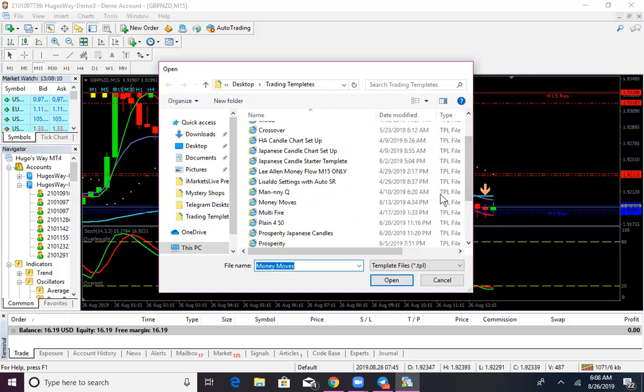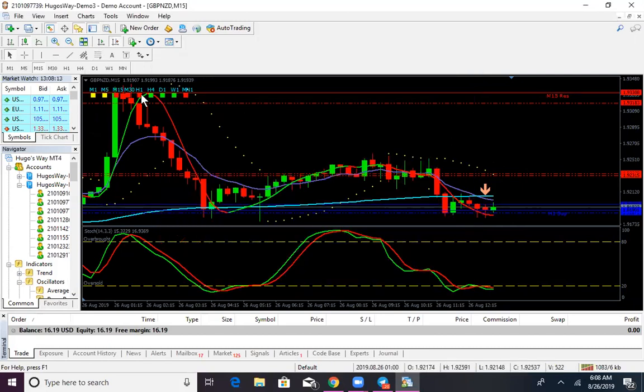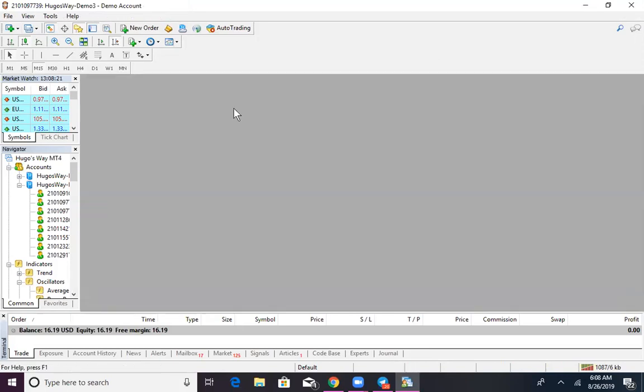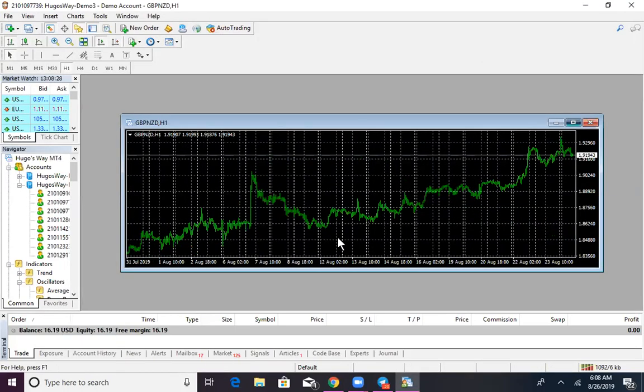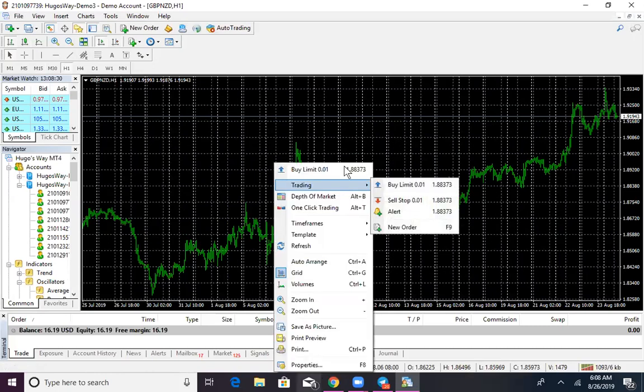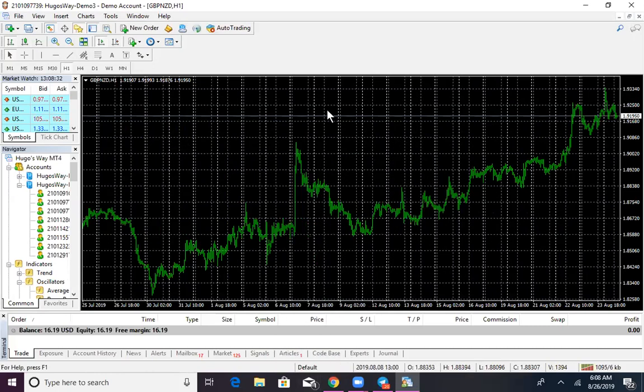Hold on, I'm going to rebuild my template because I don't know why it looks like this. To build a template, you can pull up any chart, right click on it, click properties.